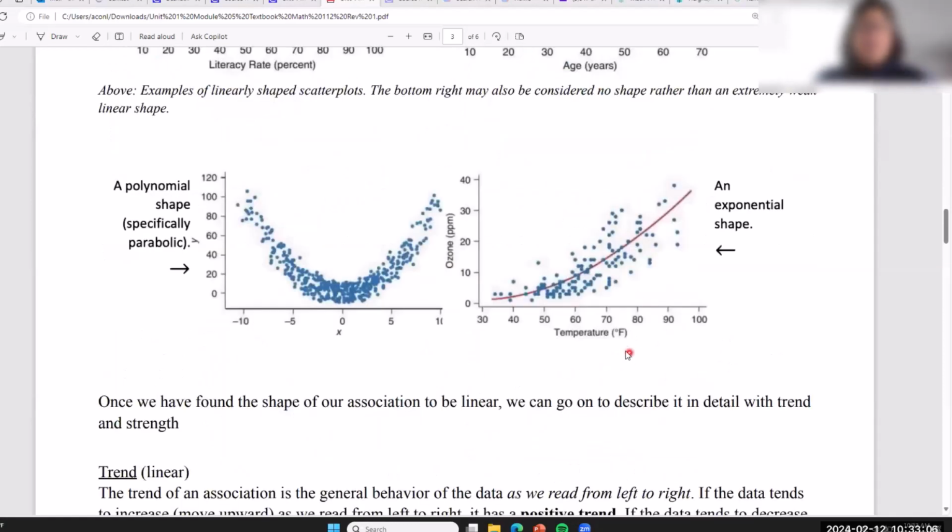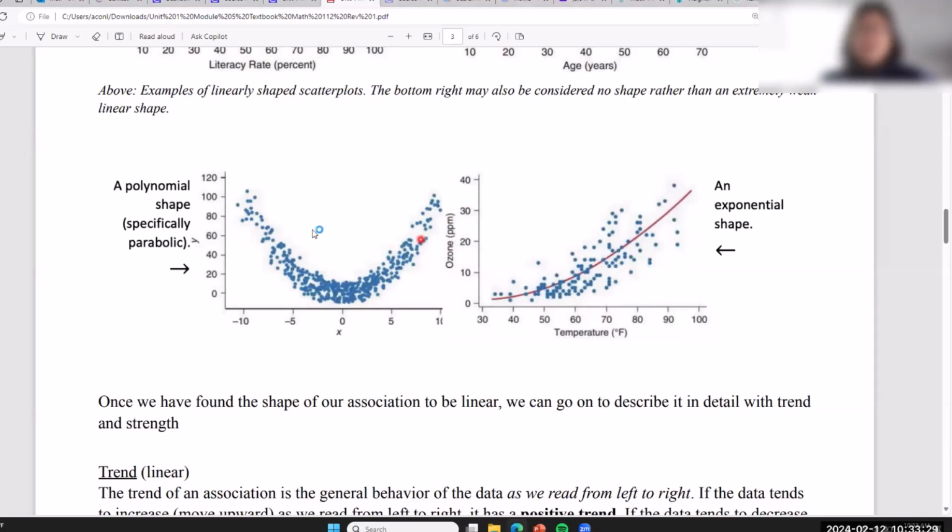Here's what I mean by other types of shapes. Did you guys ever talk about parabolas in class, if you have a quadratic? So this one has a negative trend, and then it turns around and has a positive trend. So that's a specific parabolic shape. But again, what you would say is just it's not linear.